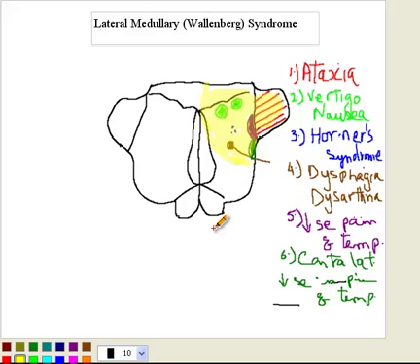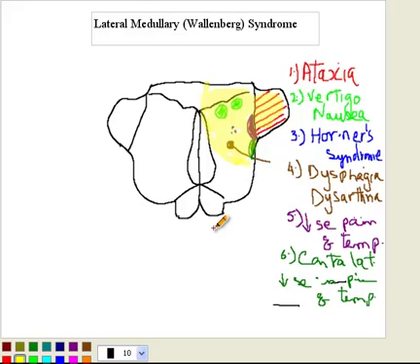The sympathetic fibers give you the Horner syndrome. The nucleus ambiguus gives you dysphagia and dysarthria. The spinal tract and nucleus of the fifth nerve give you ipsilateral decreased pain and temperature on the face. And the spinothalamic tracts give you contralateral decreased pain and temperature in the contralateral side of the body. So 6 structures involved, 6 sets of symptoms.